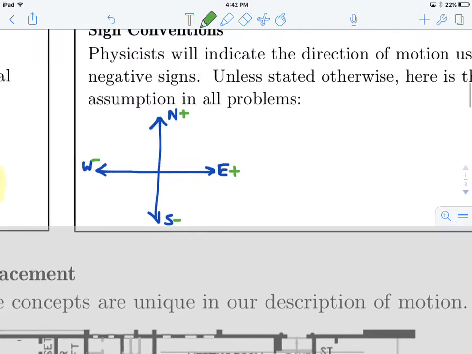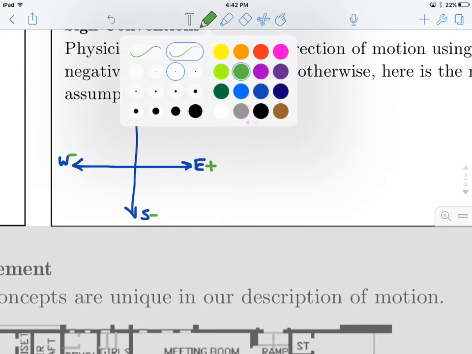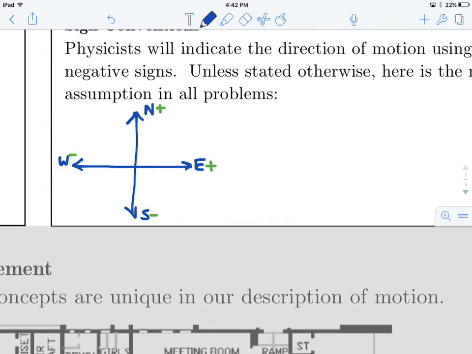A little bit later on, we will see something very similar to this, but this would be for a flat surface. So if you're driving around on a flat road, you could use north, south, east, and west.